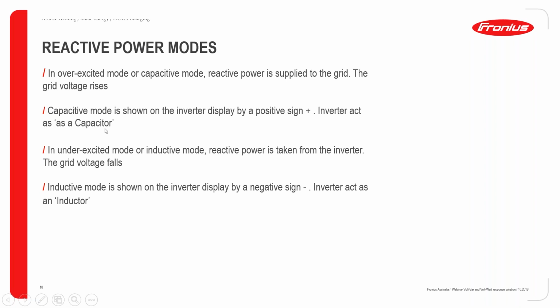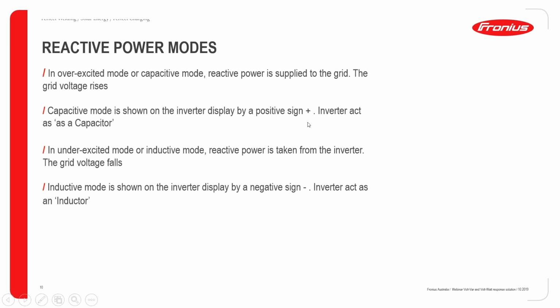In the underexcited mode, or inductive mode, reactive power is taken from the grid and the grid voltage falls. On the inverter display screen, the lagging power factor is shown as a negative, and the inverter acts as an inductor.